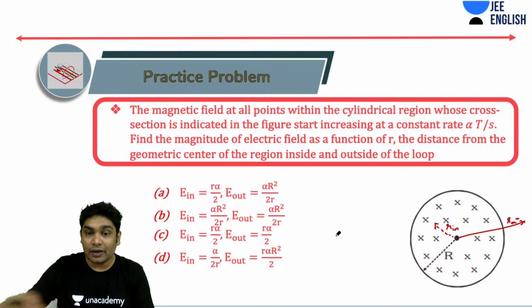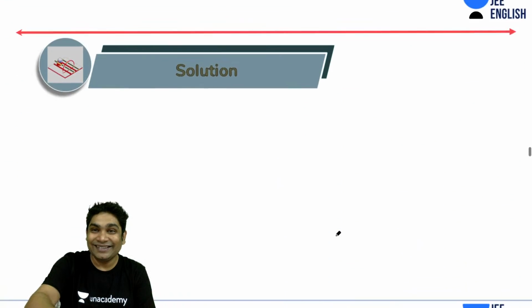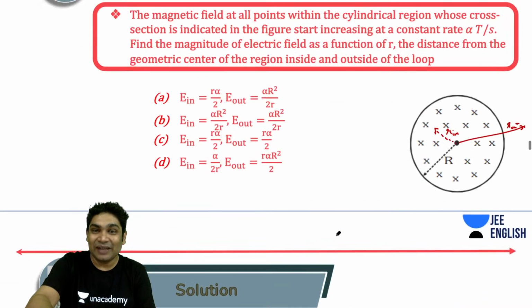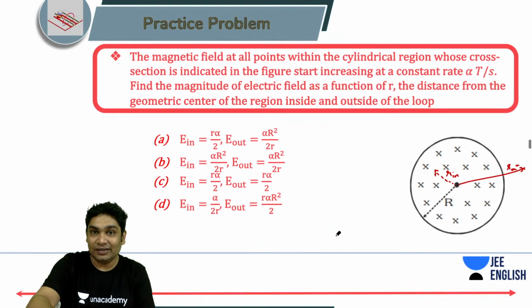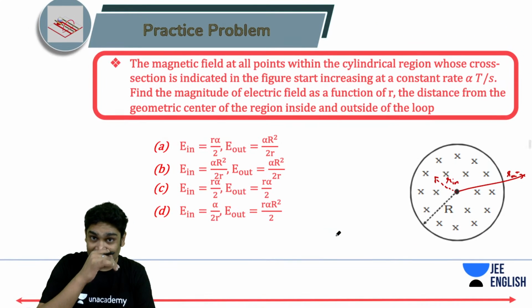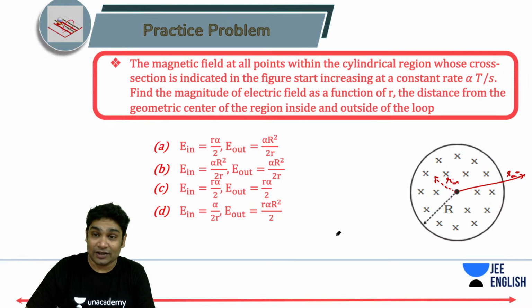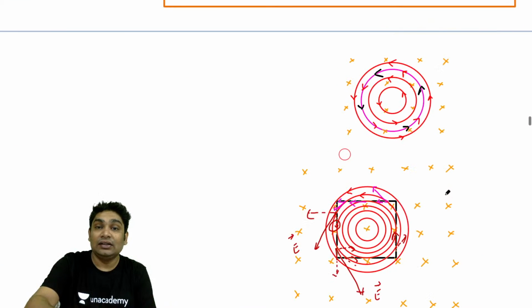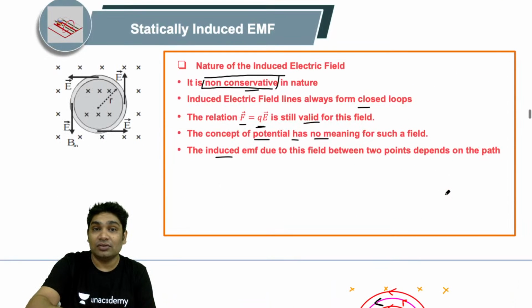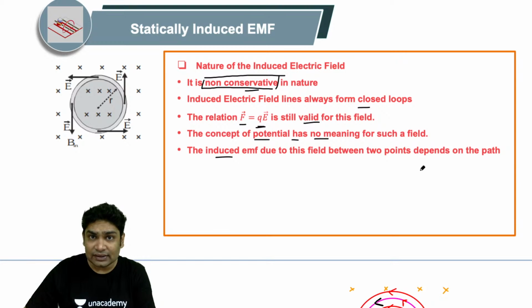All right, you guys doing this? By the way, remember that you have to use Faraday's law to get this. And these induced electric field lines not only follow, they have a non-zero. So let's just add two lines here.